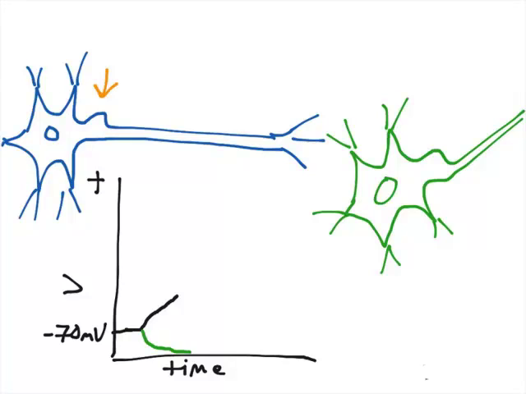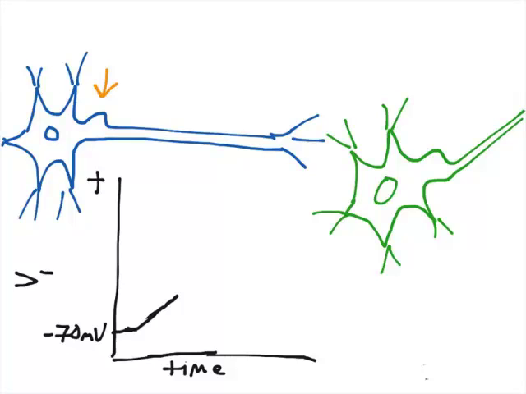So in order to activate these voltage-gated sodium channels, I need to depolarize the neuron. This is the point where you say, how do you depolarize the neuron? And this is the point where I say, I can't tell you that yet. We'll get to it eventually. Okay, so by some magical process, we're going to depolarize the neuron.